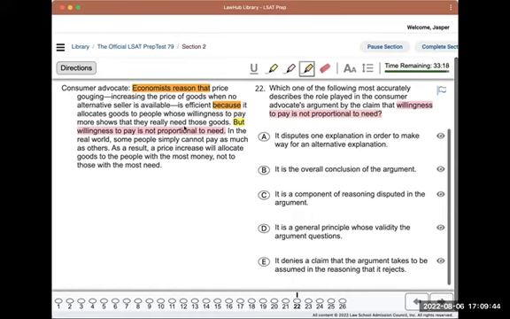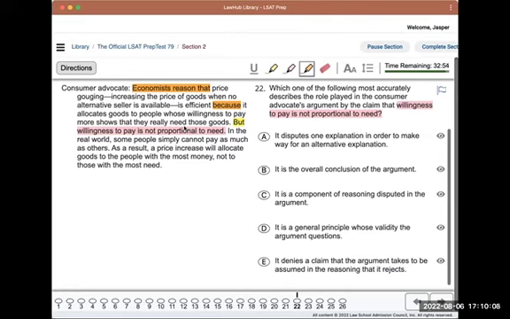Do the economists say that willingness to pay is proportional to need? Not really, right? They do say that willingness to pay more shows that you do need the goods, but not that there's proportionality there necessarily. So that doesn't quite say that, right?